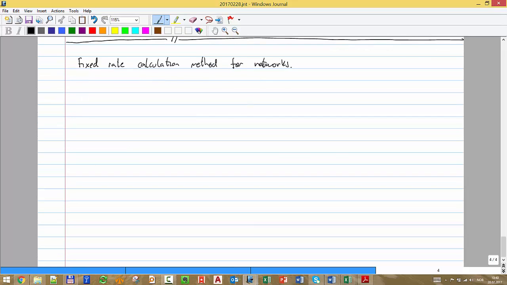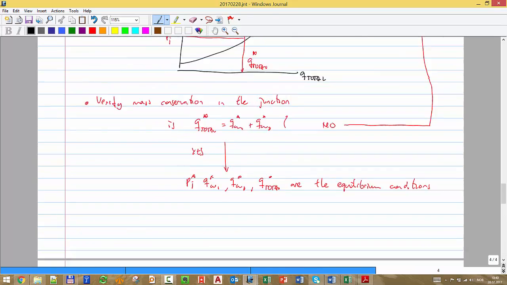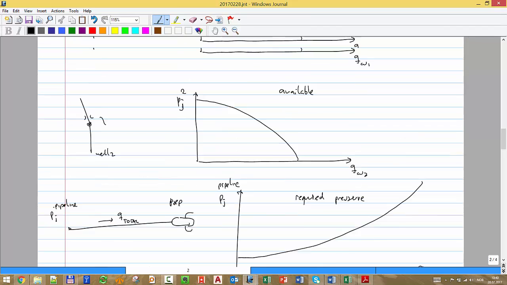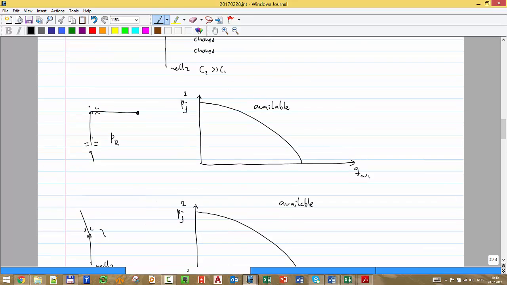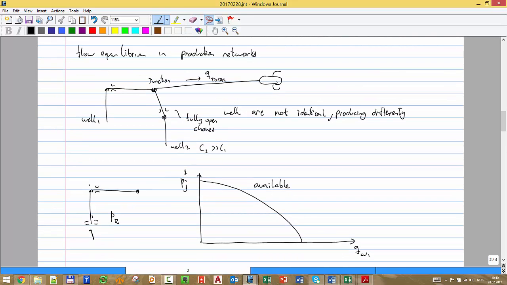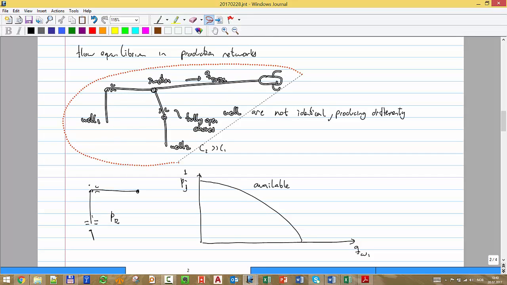That's exactly what we have been doing in this block 2 exercise, fixing the rate and then verifying that the delta P is greater than 0. If not, we have to solve the network, but first we assume and verify. We can do exactly the same with the network. So let's copy that example again.